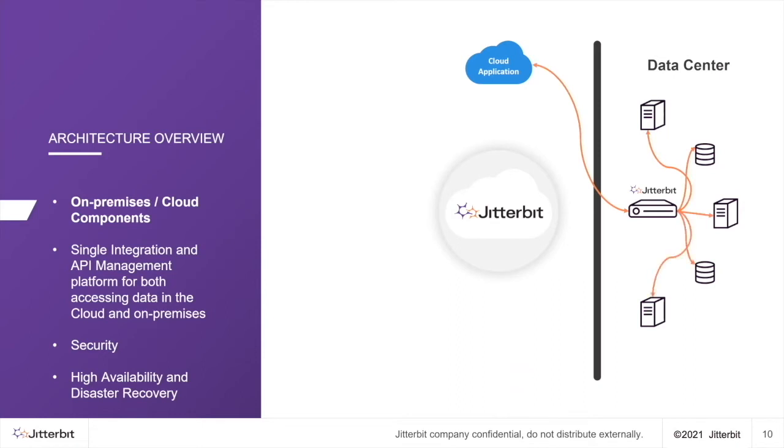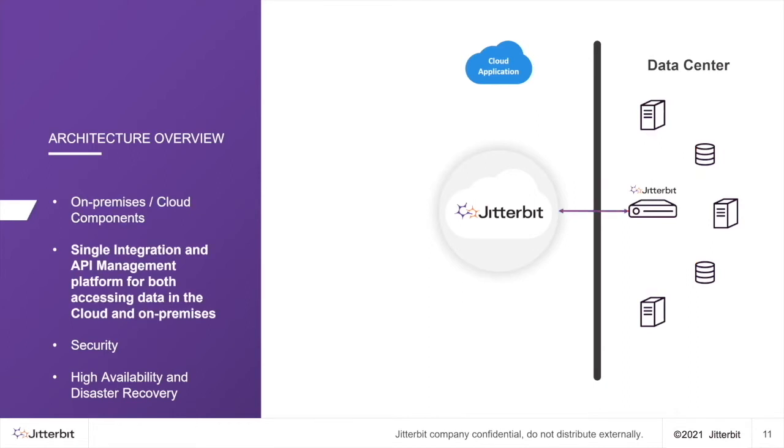What's happening here is this Jitterbit agent is getting data from all the endpoints sitting in the data center and communicating back and forth with the cloud application. No runtime data is leaving the premises of the data center to the Jitterbit cloud. That's how we get the hybrid deployment and allow you to integrate various endpoints.